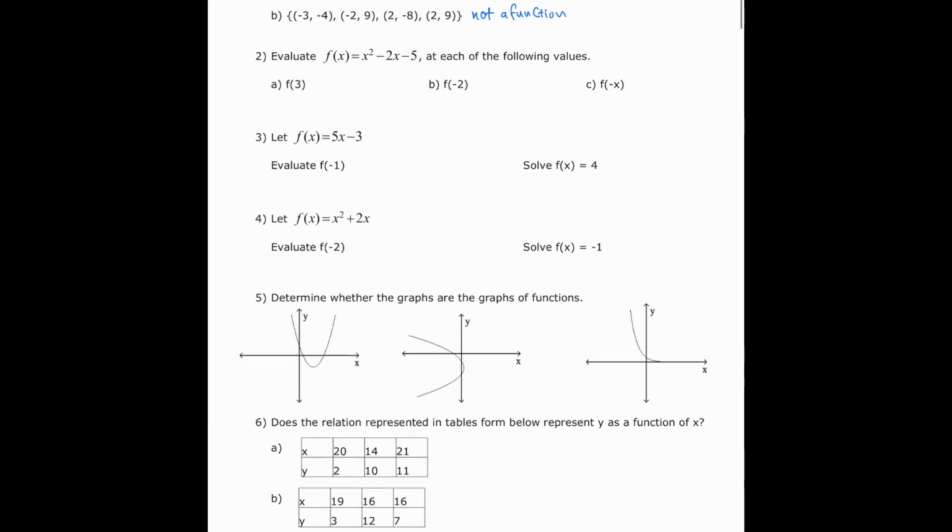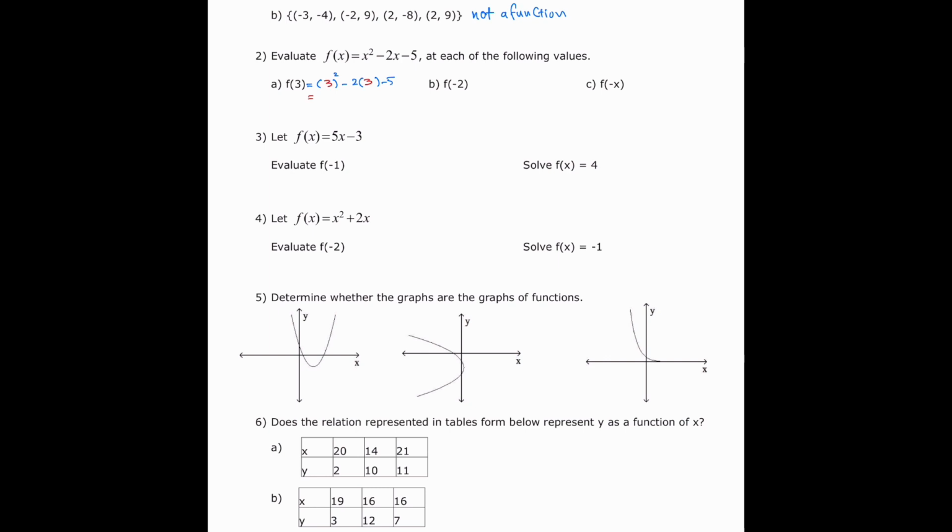Question number 2, evaluate f of x is equal to x squared minus 2x minus 5 at each of the following values. Evaluating is basically when you plug the number instead of x. So f of 3 is basically you remove each x and put a placeholder there, and then you're going to put the 3 in there.